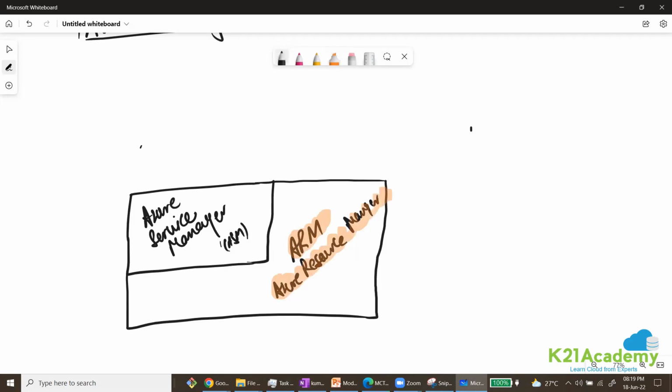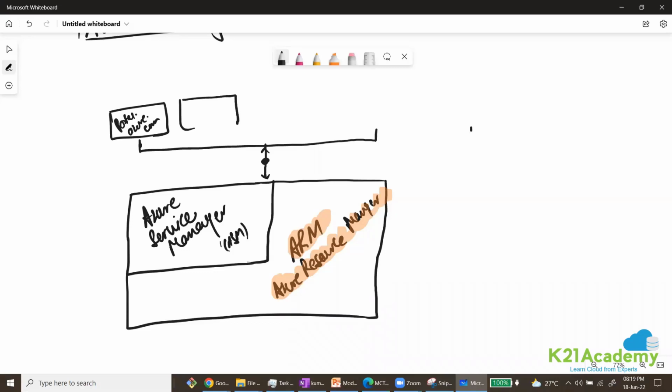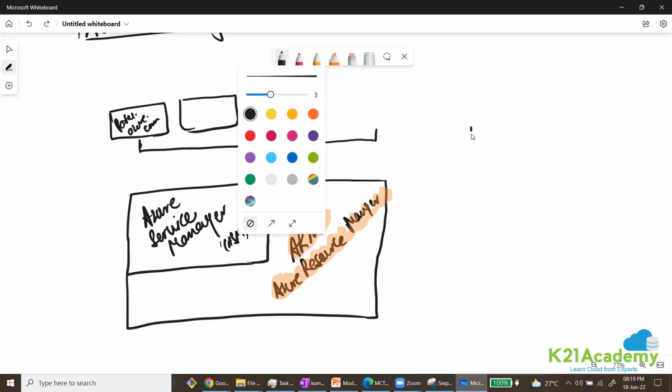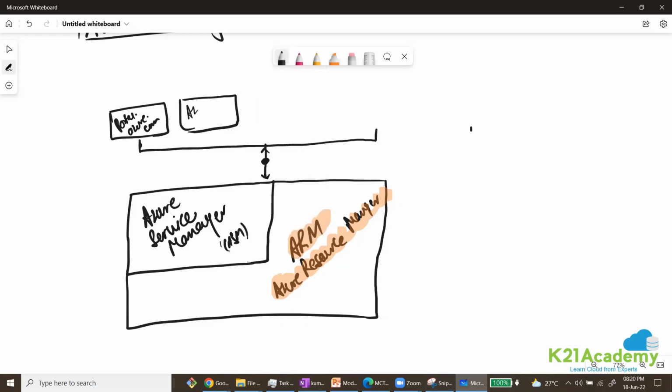I'll create something like this, and this will be attached like this. First of all is portal.azure.com. After that, you have Azure PowerShell.